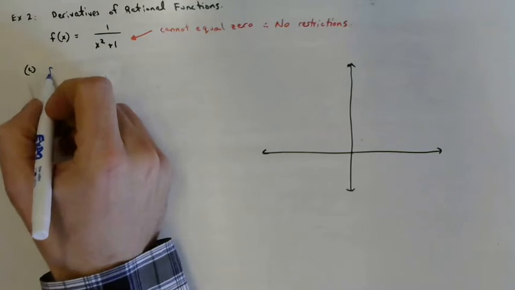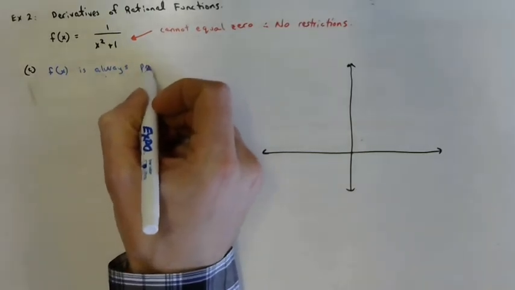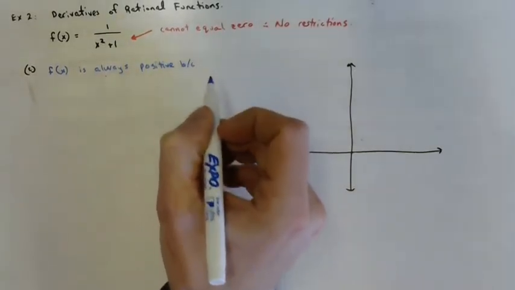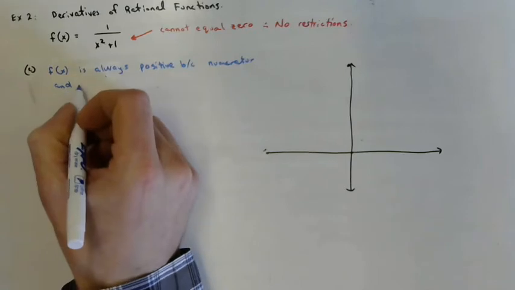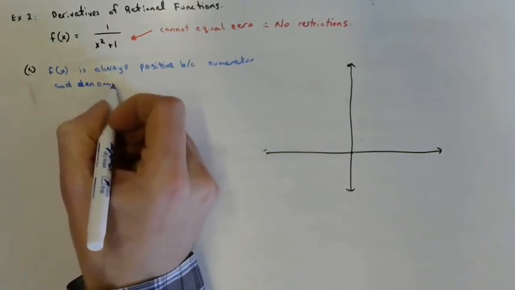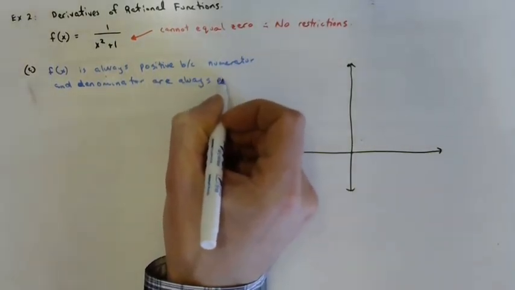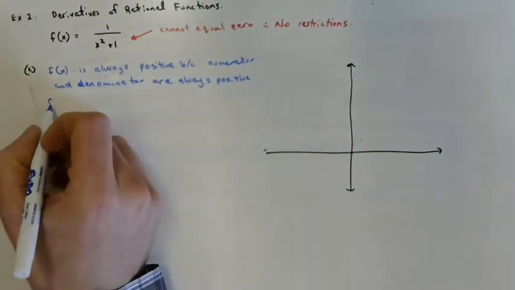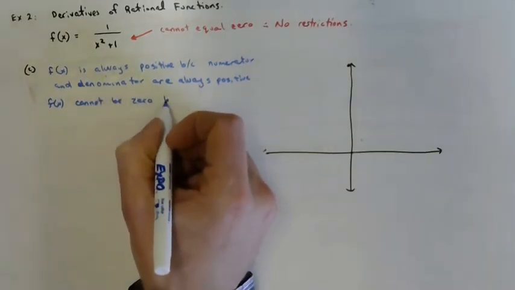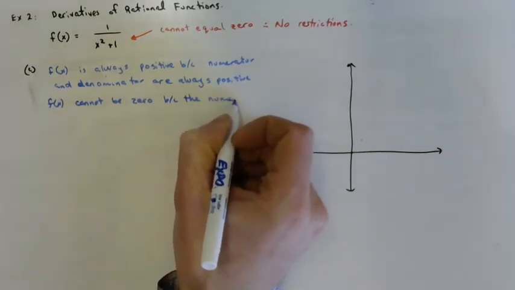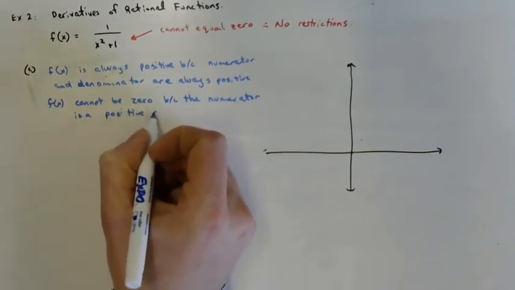So f of x is always positive because numerator and denominator are always positive. f of x cannot be 0 because the numerator is a positive constant.